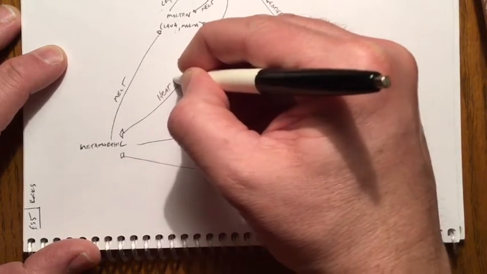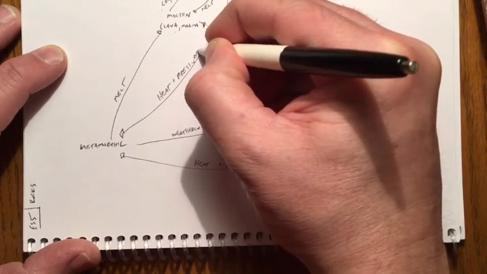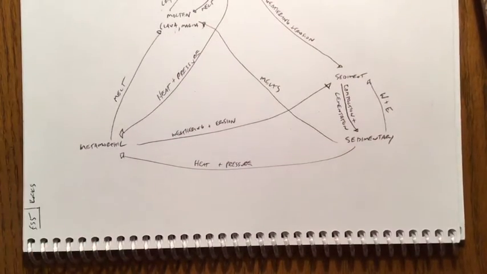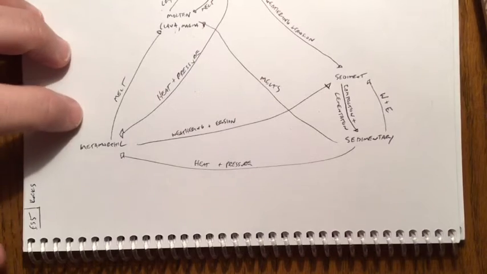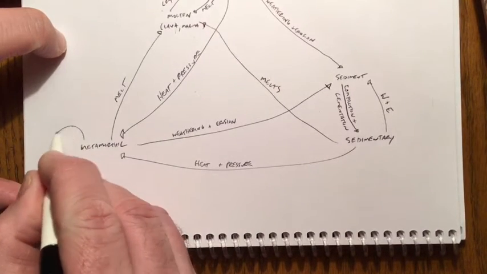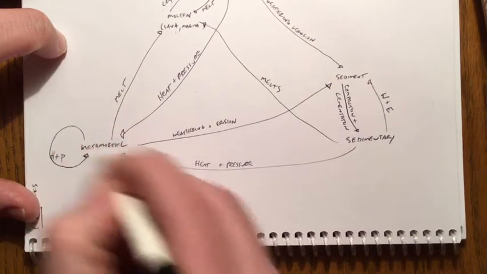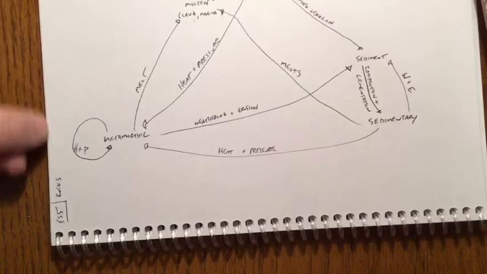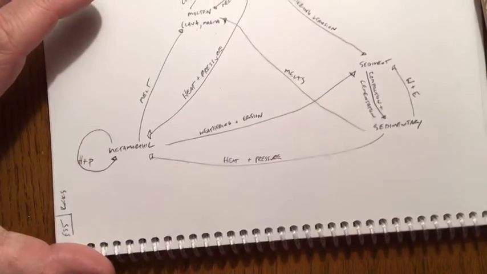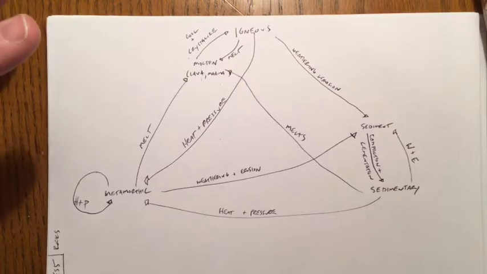Metamorphic means change, so heat and pressure can change a rock into a different form. And metamorphic rock also, if it's exposed to more heat and pressure, can change even more. So I like to do that little loop there. So we've got a complete rock cycle here.